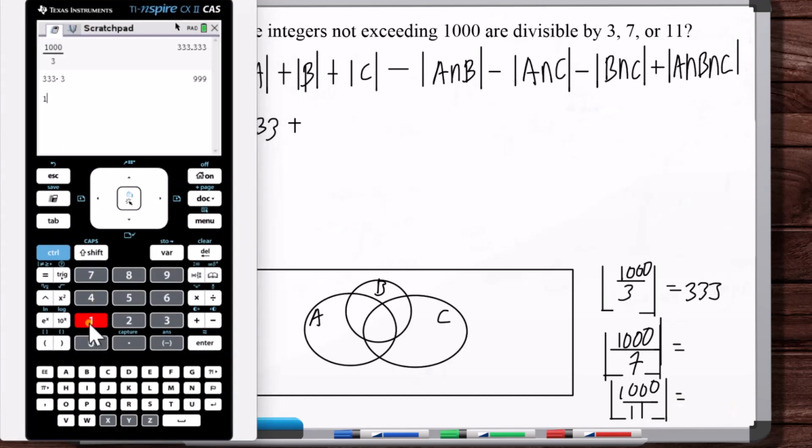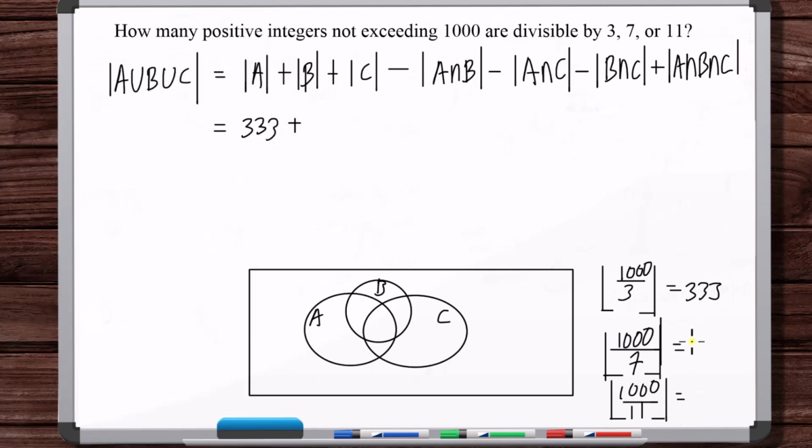So 142 and 90. Now these intersections are where the whole relatively prime idea comes in.